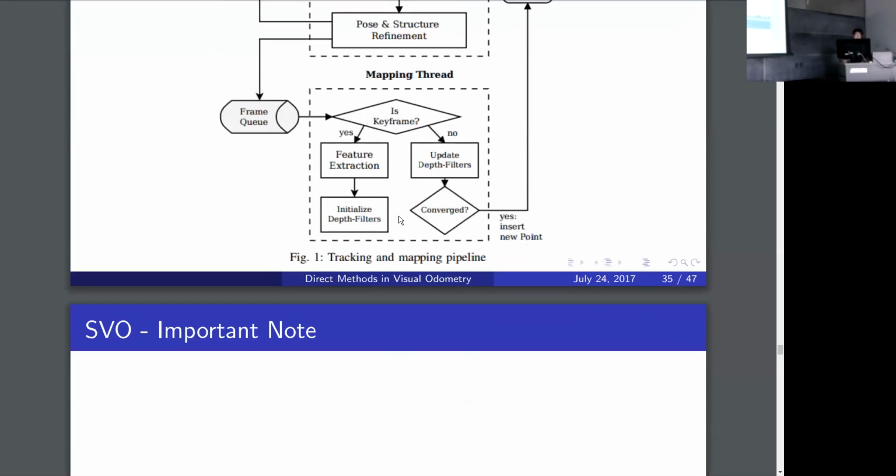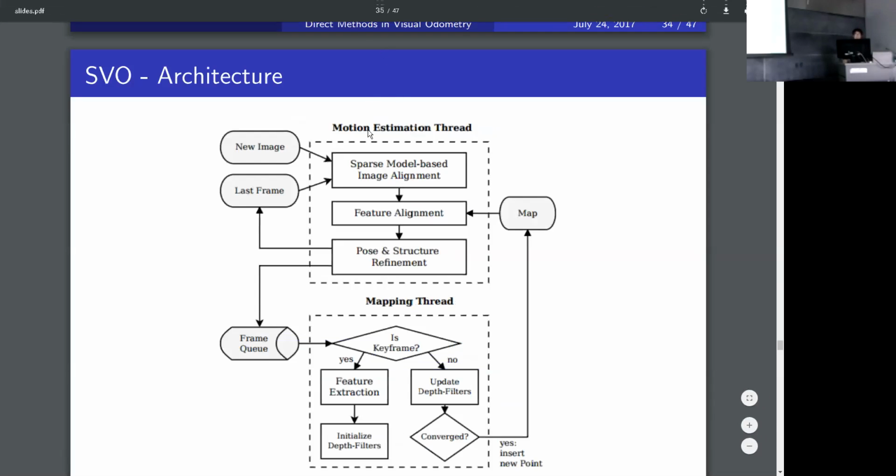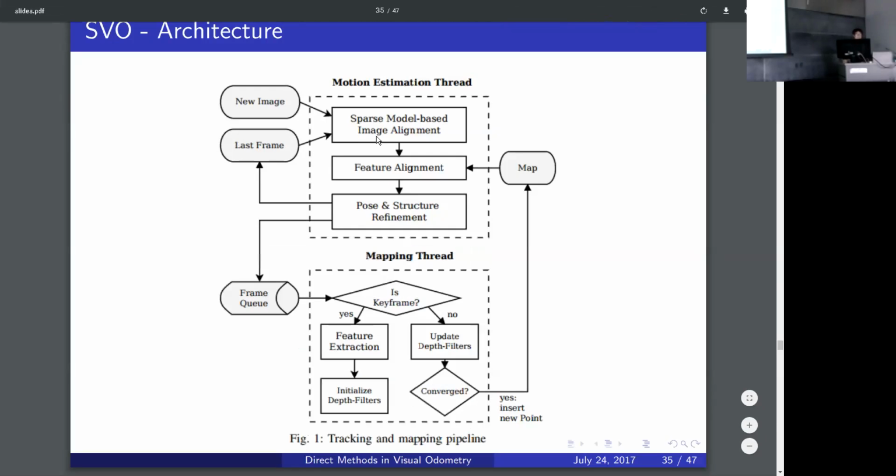And the authors basically say that through empirical experiments, if you don't do all 3 stages, then you basically have larger drift errors and it just really doesn't work as well.